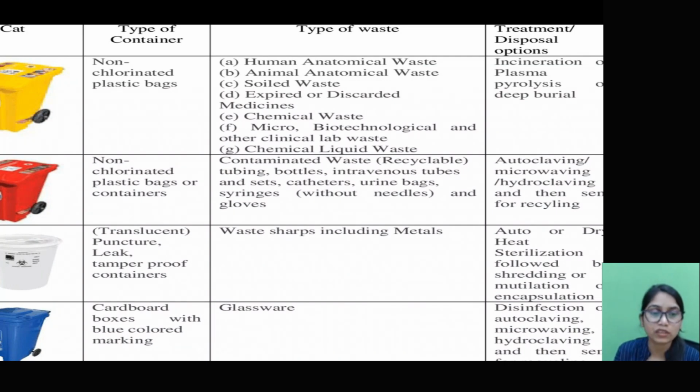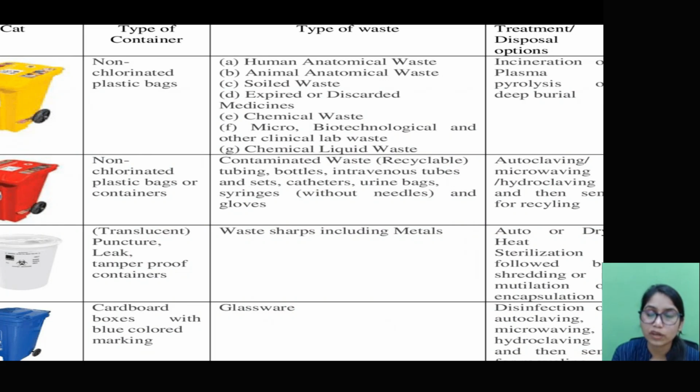Okay, now coming to the translucent. Here, translucent, puncture proof, and leak proof, any waste which can leak or be tampered with should be in tamper proof containers, right? This container is translucent, puncture proof, leakage proof, meaning there should be no leak, and it should be tamper proof. Which wastes go in such containers? Sharp waste and metal waste, right?